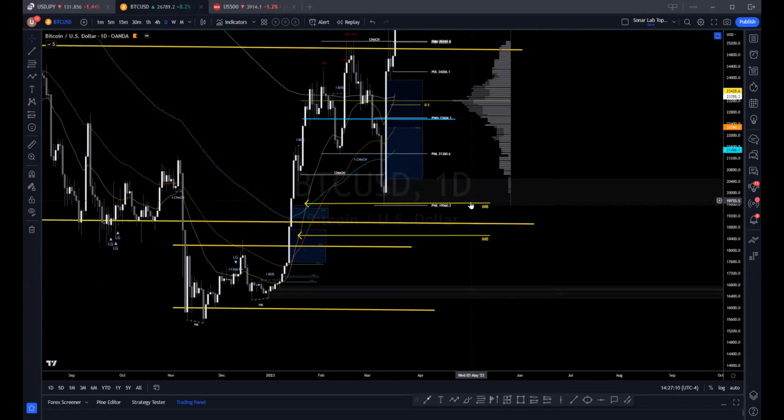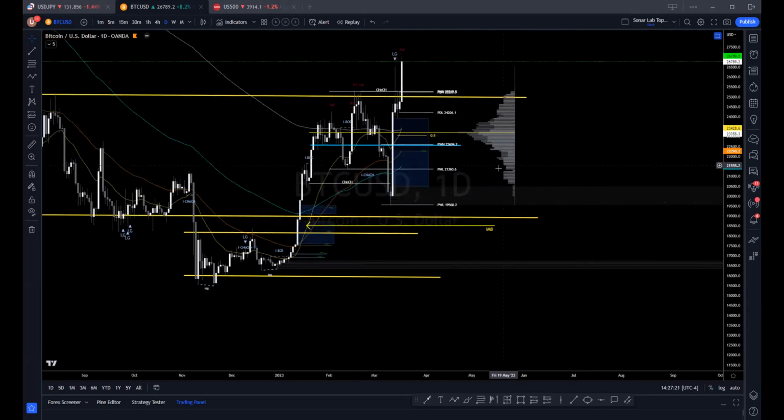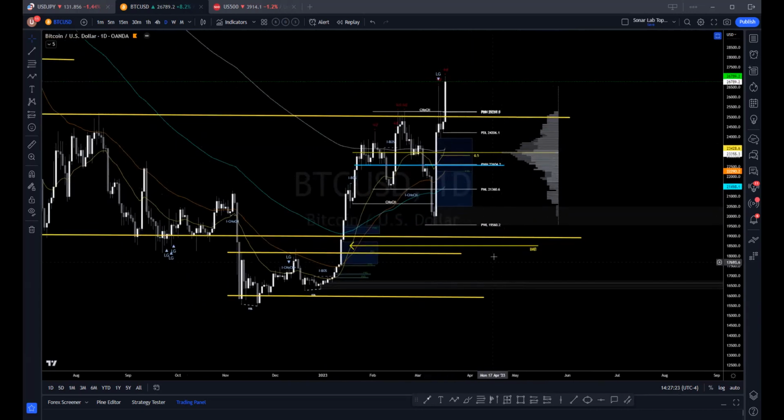That 19.5 level. We didn't take out this imbalance here, which is fine, right? But we did create a lot of imbalances here. You guys can see that.